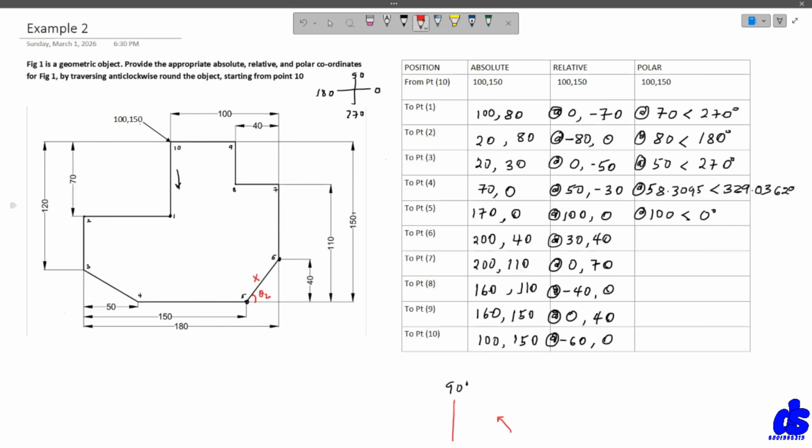We have this distance to be 180 minus 150, so that's 30, and we have this to be 40.